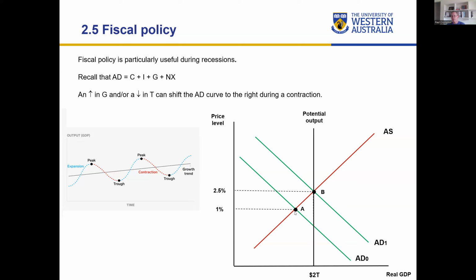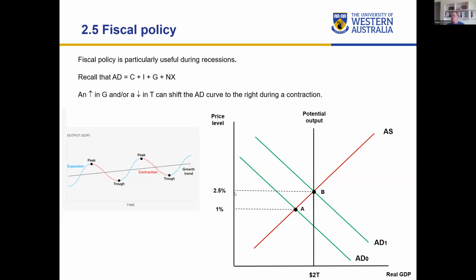Okay, so let's start off at point A. And at point A, we are in a trough, or we're in a contraction phase. So we've got an output level of, say, $1.9 trillion. That's well below potential output, well below the full employment level of output. And the inflation rate's a little bit low as well.